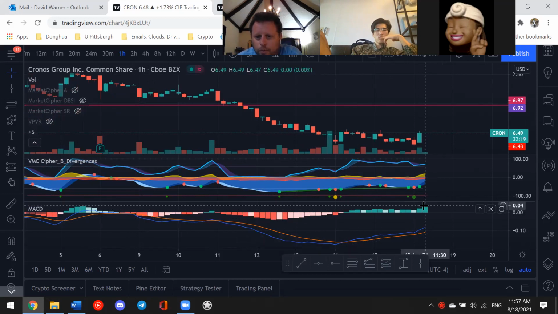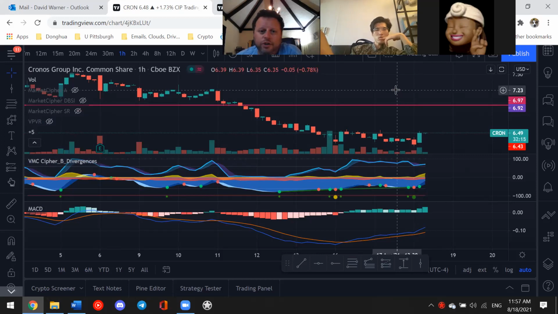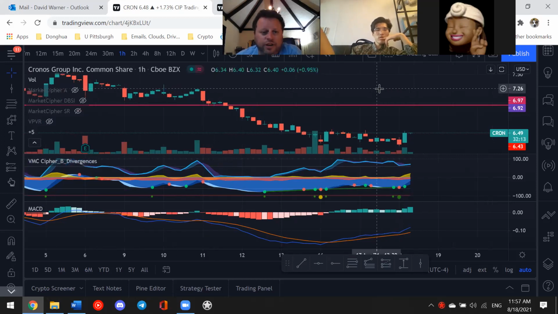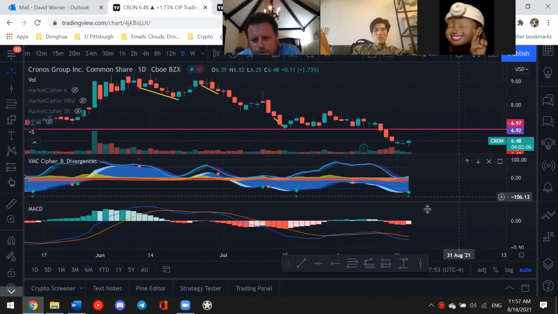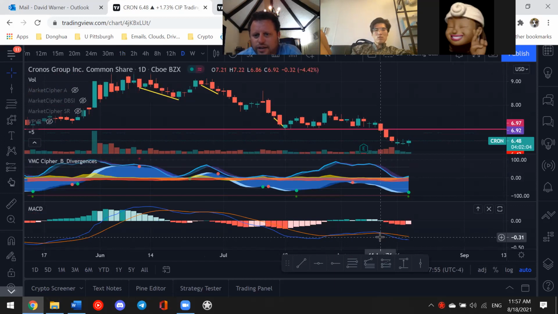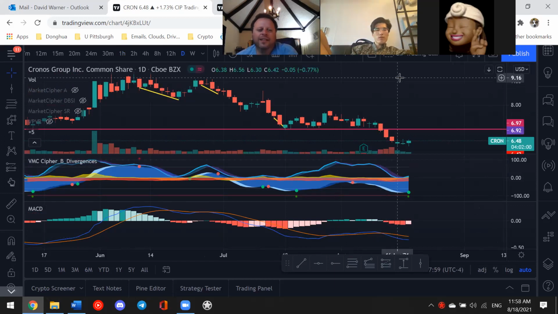Momentum is moving upwards while price is moving downwards. Let's keep watching Chronos for next week. The prediction, this is the hourly. What's going on the daily? On the daily, no, we already had a sell signal on the daily. So let's keep watching Chronos for next week and see what happens.